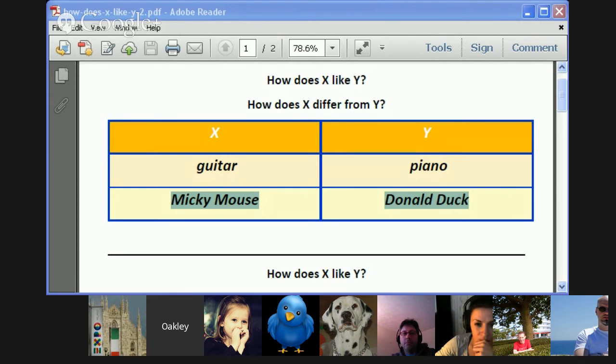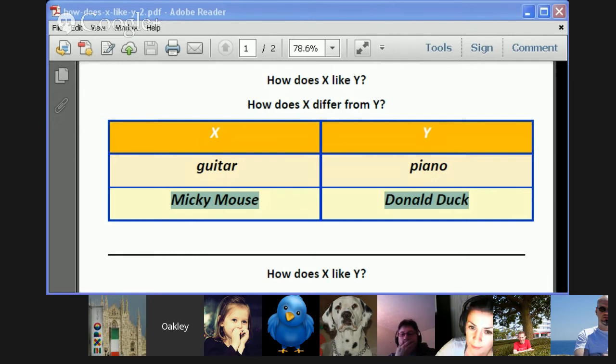What was the last word? I don't know how to say it. I'm not sure what you're saying either, actually. Anybody? They're the same cartoon, what? Genre? Style? Yeah, maybe style. Okay, they're the same style of cartoon, right?